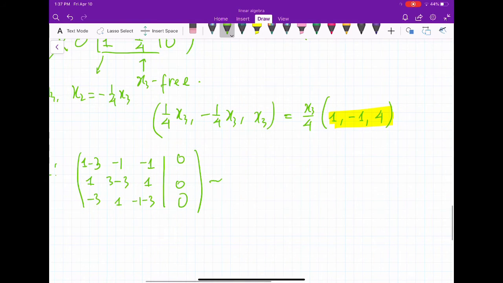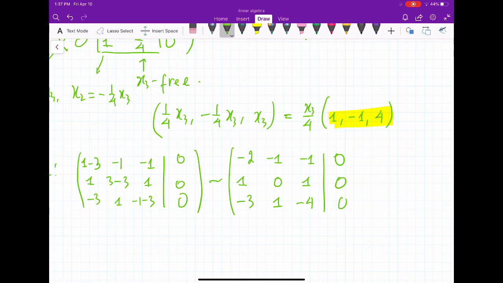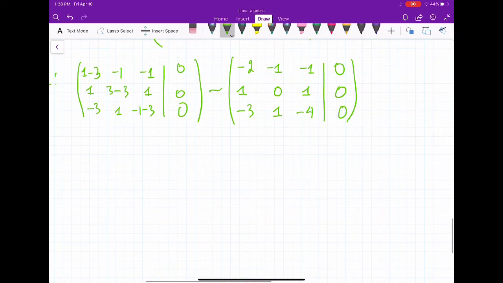So this is -2, -1, -1, 0, 1, 0, 1, 0, -3, 1, -4, 0. You can multiply the second row with 2 and add to the first, and multiply second row with 3, add to the third, right?